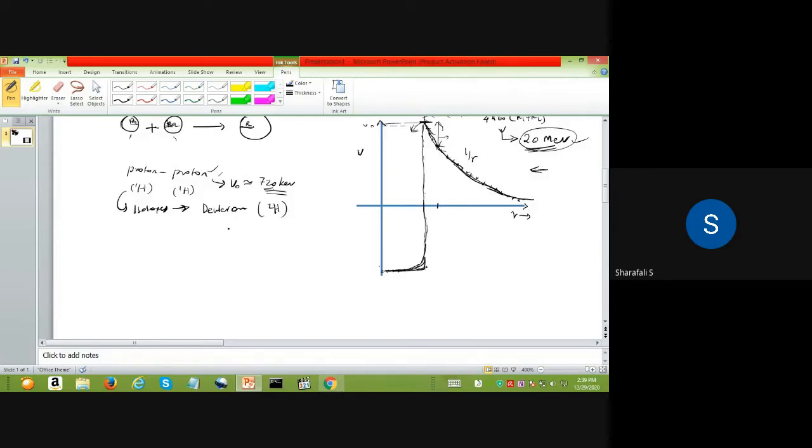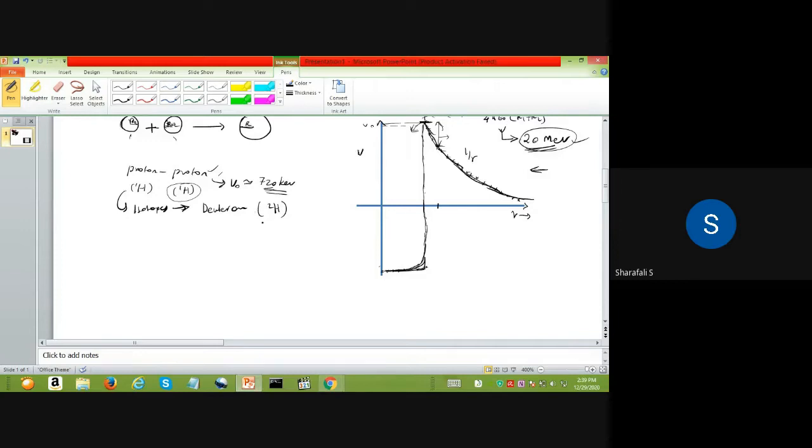So one proton and one neutron will make that deuteron, and the deuteron has the same number of protons as this proton, but it will have a higher size, which means a higher radius.